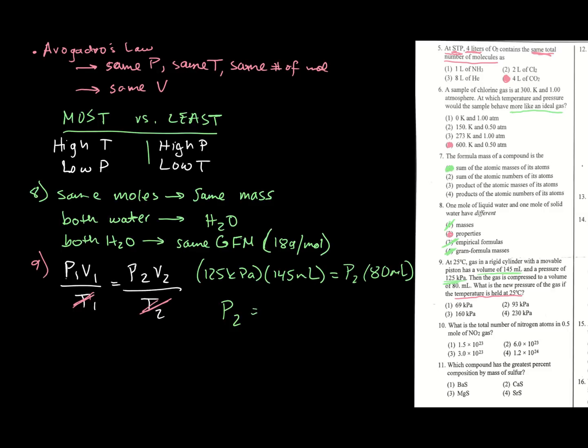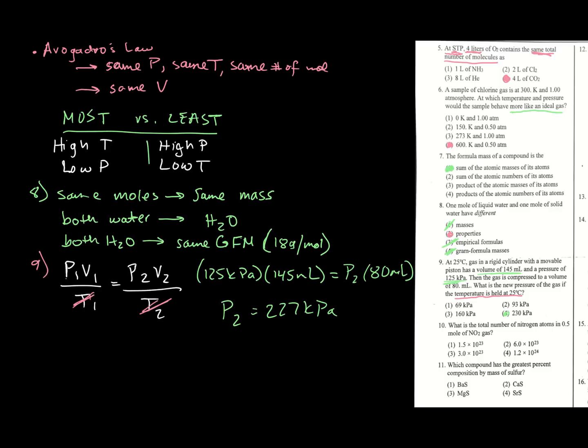So we're looking for a bigger number than 125. If you calculate it, plug and chug into your calculator. Hope you're chugging water. Okay, so 125 times 145 divided by 80, and you get about 227 kPa. If you look at your choices, the closest one is choice 4. There you go, ladies and gentlemen.